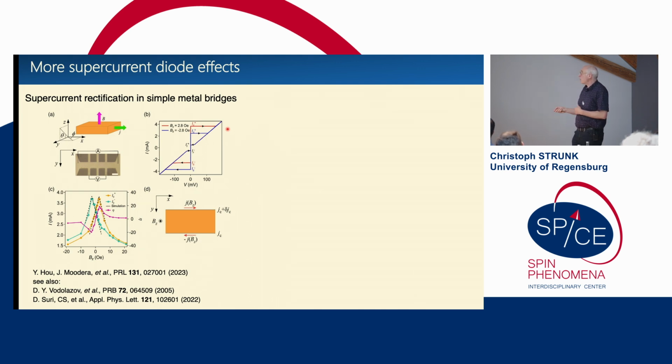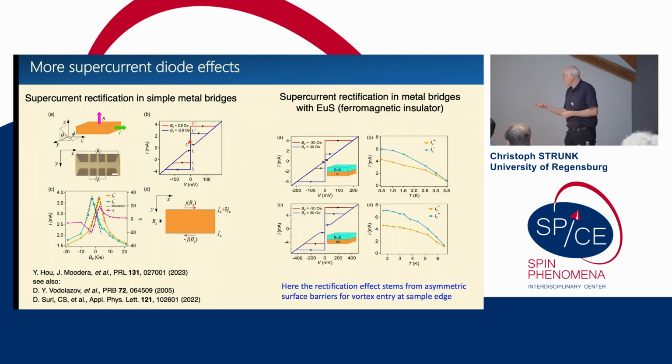So let me highlight some more examples. The next speaker, Yazhen Hu, found that you can have this sort of rectification or supercurrent diodes even in plain metal strips. He said you can replace your external magnetic field by putting europium sulfide, which is a ferromagnetic insulator, on top, so that you don't need these external fields and still can get your rectification.